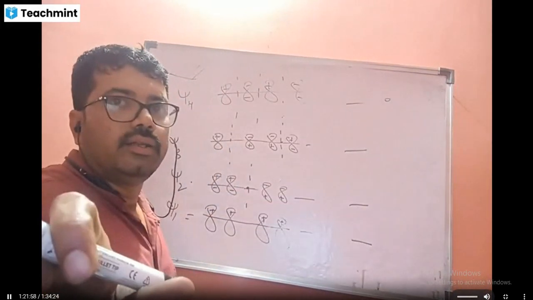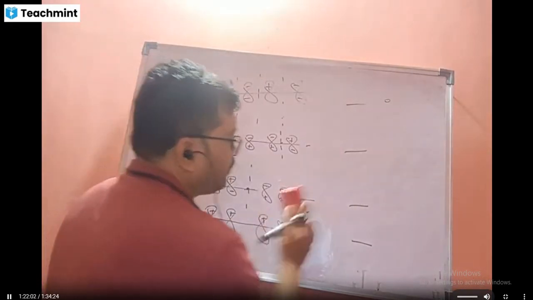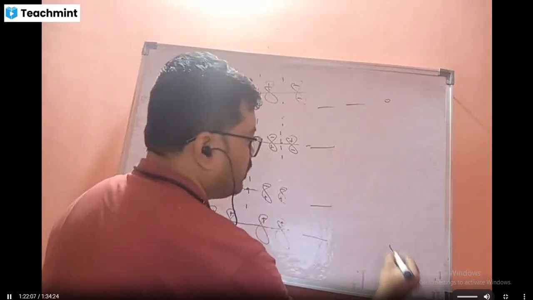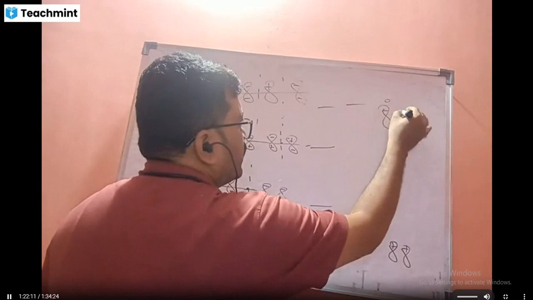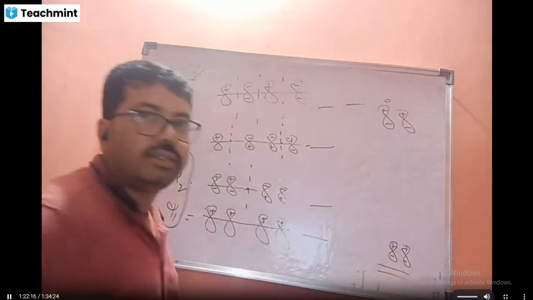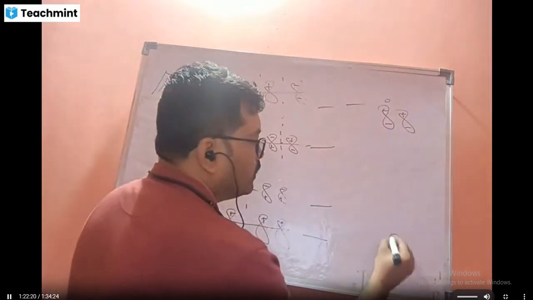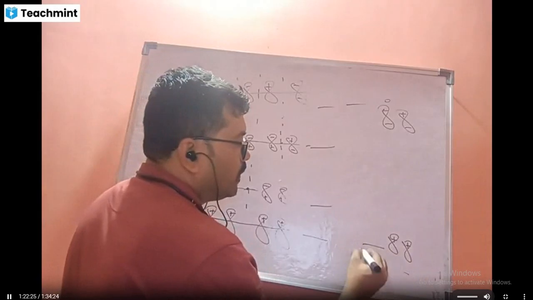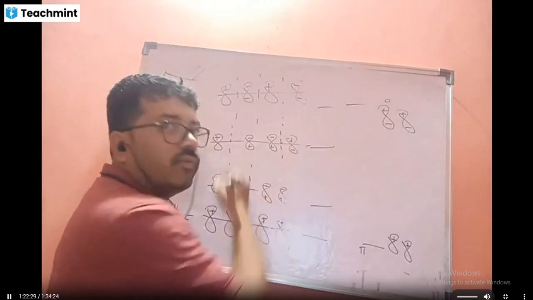In the case of an ethylene unit, it is one bonding and the other antibonding. So this is an ethylene unit, a double bond. This is also 1 pi bond, this 1 pi bond. This is psi 1, psi 2, psi 3, psi 4.